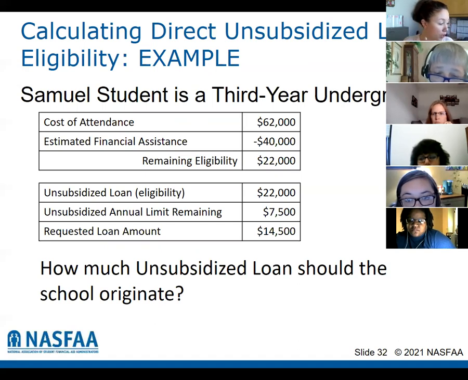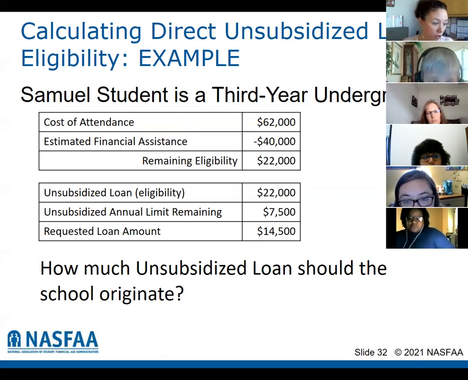So really 22,000 is his general loan eligibility. He can only have 7,500 in his annual limit from his unsubsidized loan. Let's say he's not eligible for subsidy at all. He gets all unsubsidized. And he wants 14,500. How much are we going to give him?